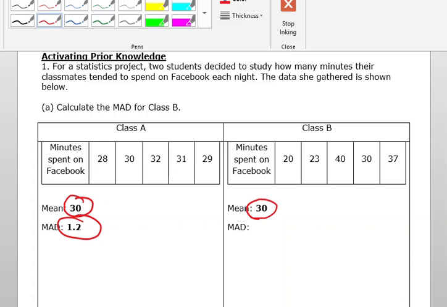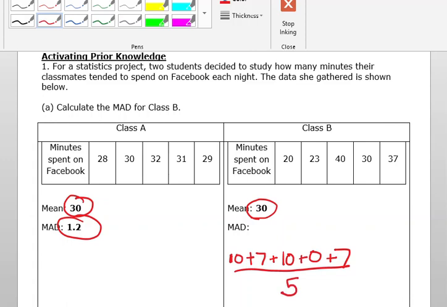So I'm going to find the difference between the mean and all of the points around the mean in their absolute value. Okay, so the 20 is 10 away from 30, 23 is 7 away from 30, 40 is 10 away from 30 the other way, plus 30, that's 0, and then 37 is 7 away from 30, and I have 1, 2, 3, 4, 5 sets of data.